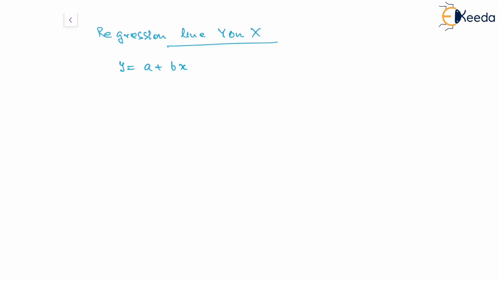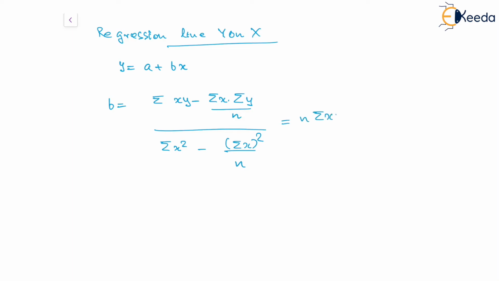Now here we can say that b will be given by the expression summation of xy minus summation of x times of summation of y over n divided by summation of x square minus summation x whole square by n, which can also be written as n times of summation of xy minus product of summation x and y divided by n times of summation of x square minus square of the summation of x.